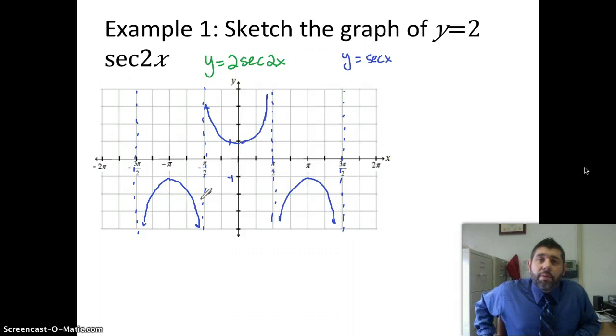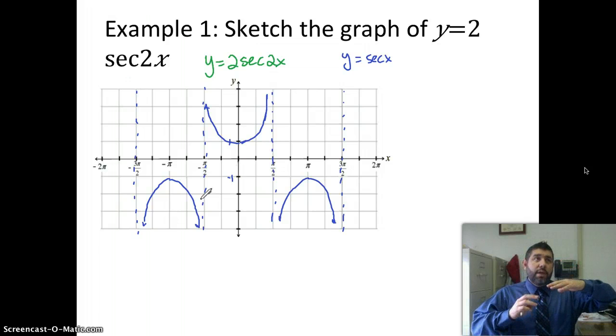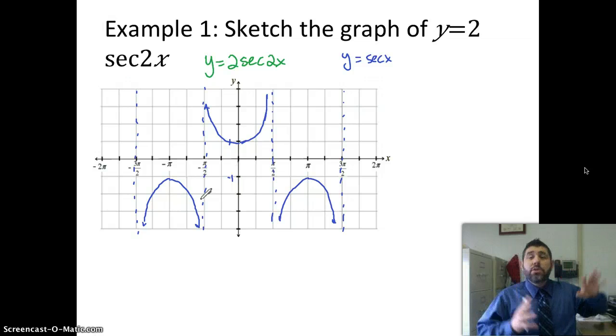But I don't want to take the parent graph secant. I want to change this to 2 secant 2x. Now, if this were cosine, if I had 2 cosine x, it would change the amplitude, which would make it raise the max and the min. Well, that's what the 2 does in this case.